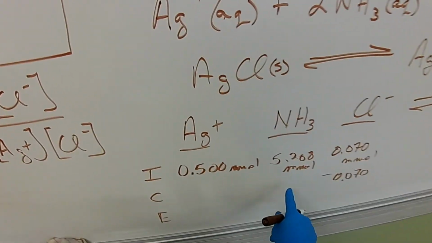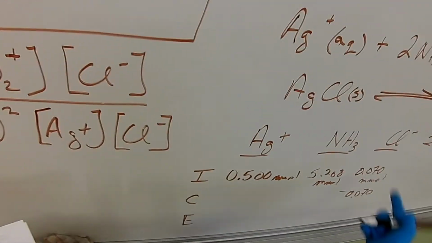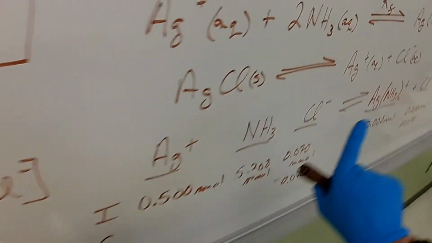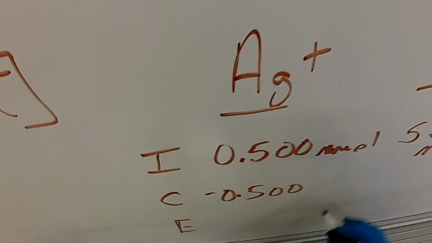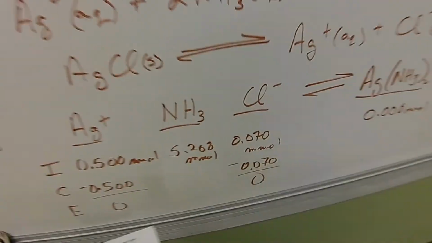How about this one? Well, we have to go back here. In this one, we're going to use all of this up in the reaction and produce that side. So we subtract all of this, and of course that leaves us 0 here, and that leaves us 0 here.